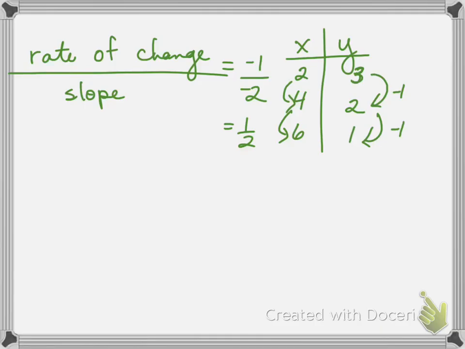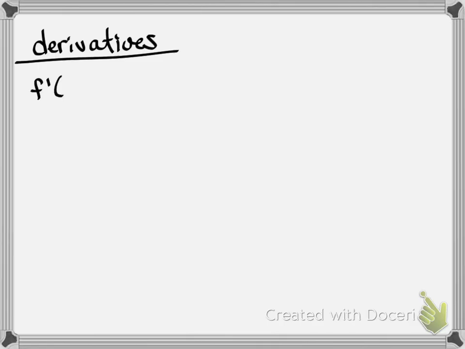So let's see here. First off, what do I want you to start writing? So there's different symbols for derivatives. F prime of x, you might see. If you watch that video of the man teaching the difference quotient with the limit, he was talking about little dy and little dx.